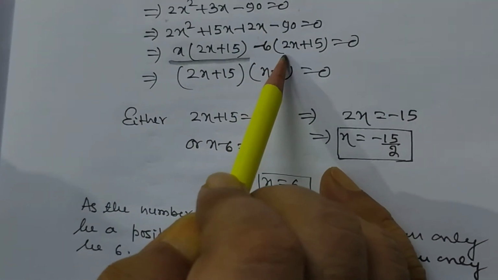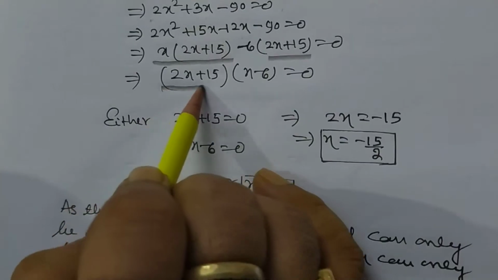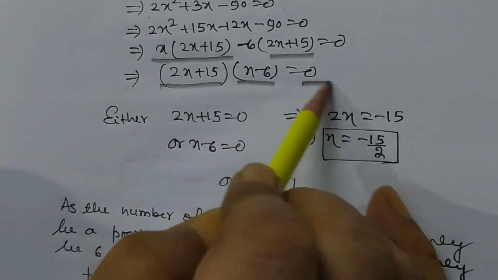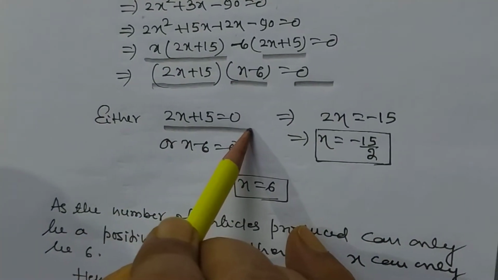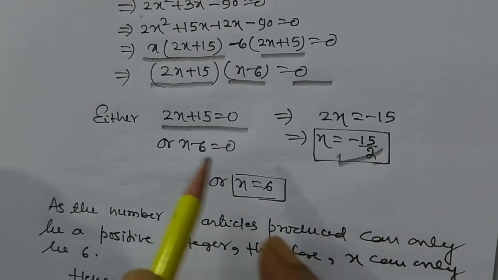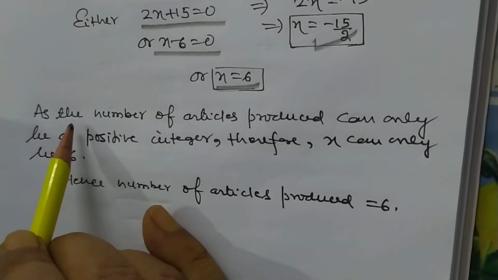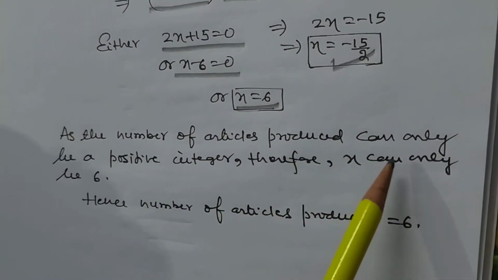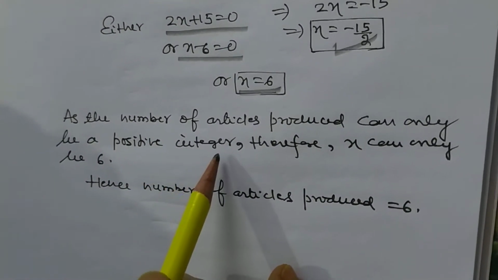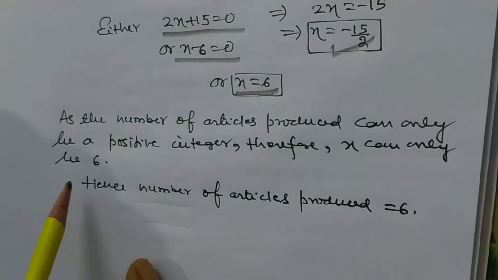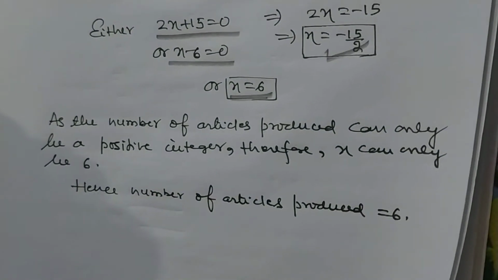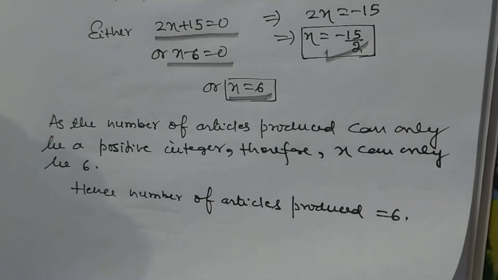If you take common minus 6, 2x plus 15. So it will be (2x plus 15) into (x minus 6) is equal to 0. So 2x plus 15 is equal to 0, so x is equal to minus 15 by 2. x minus 6 is equal to 0, so x is equal to 6. As the number of articles produced can only be a positive integer, therefore x can only be 6. Hence the number of articles produced is equal to 6.